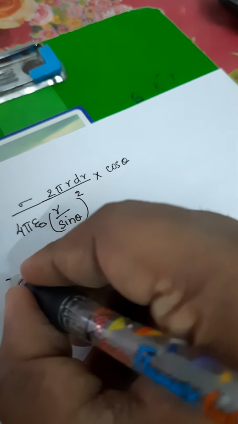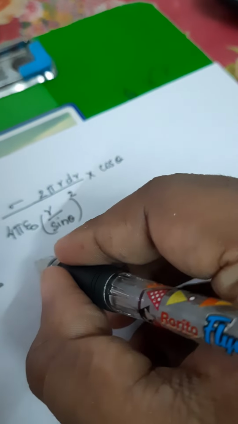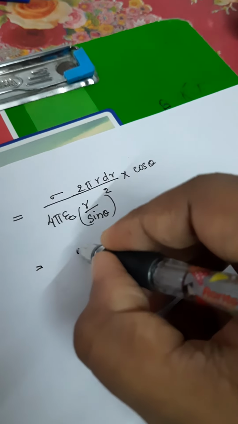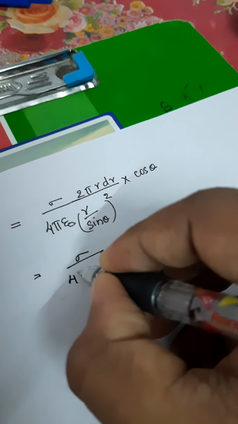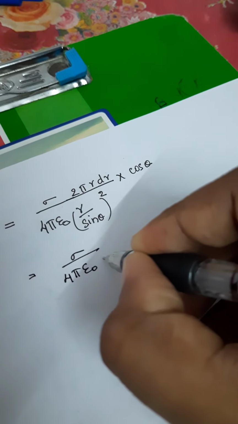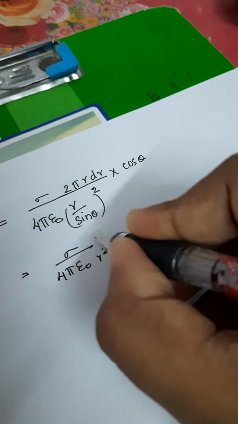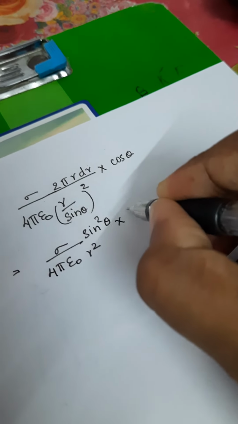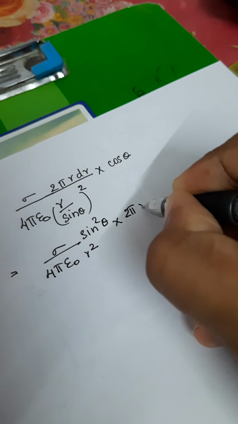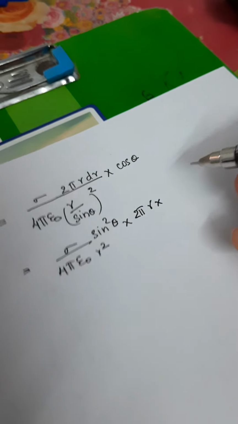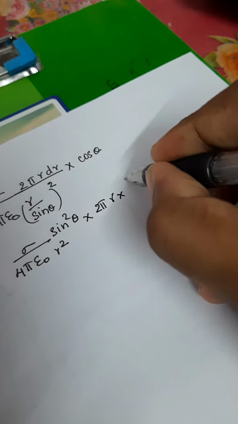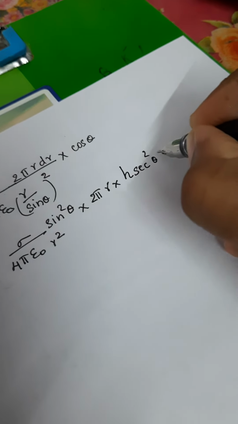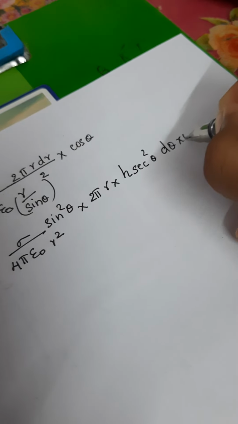Now again we can rearrange this equation: sigma by 4 pi epsilon 0 r square, then the sin square theta comes to the numerator, into 2 pi r. Then substitute the value for dr, that is h into sec square theta d theta, into cos theta.